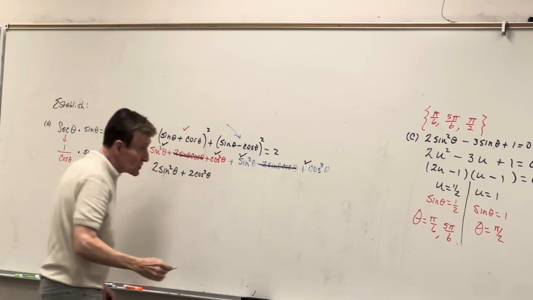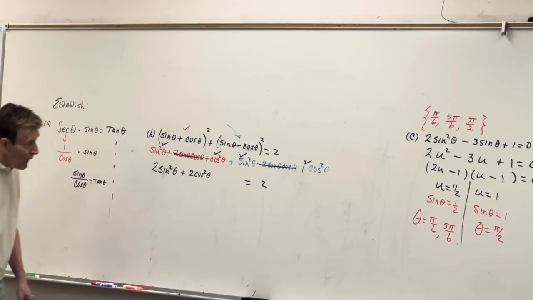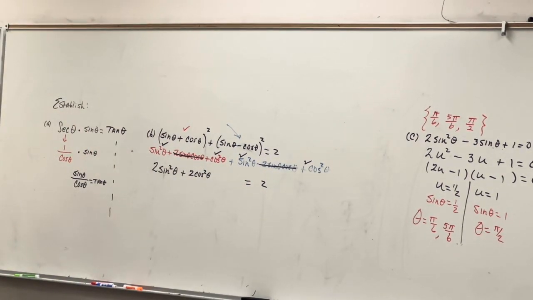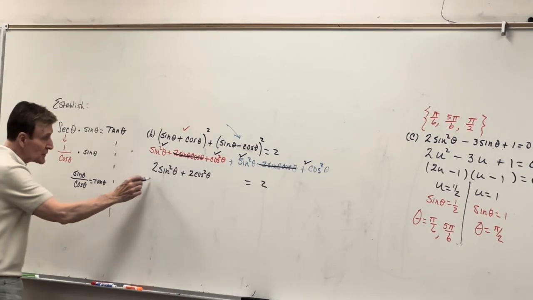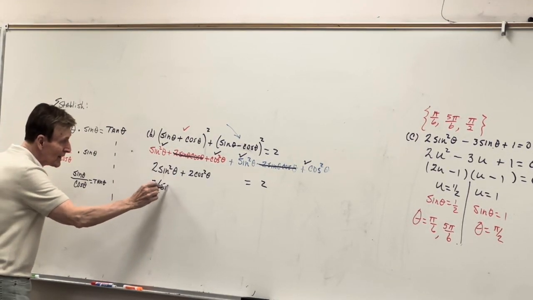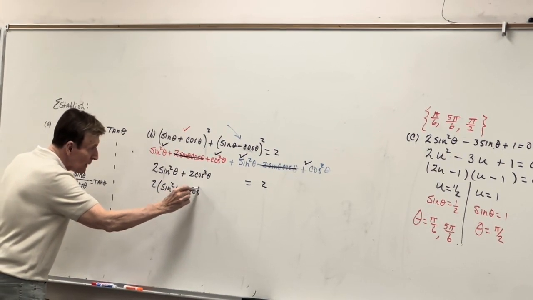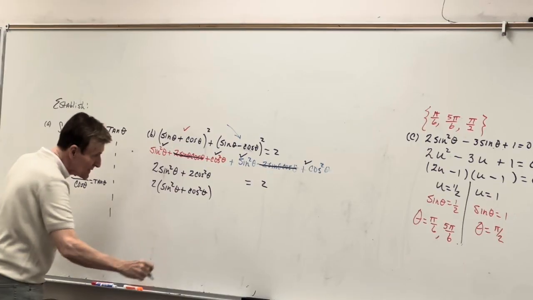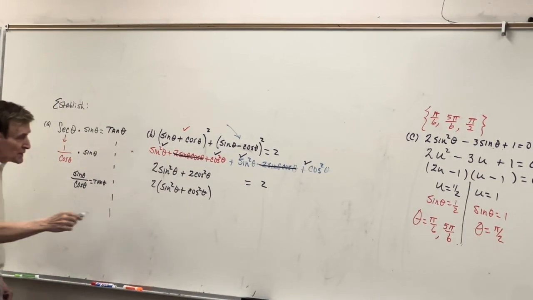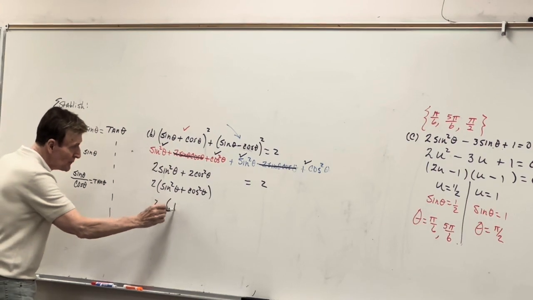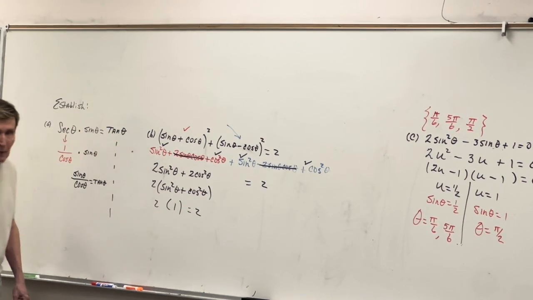Now keep in mind, they want us to show that this is all equal to 2. Now take out the 2 first. And that takes me back to a basic trig identity: sine squared plus cosine squared is always equal to what? 1. So it says 2 times 1 equals 2, and you now have matched up with what they want.